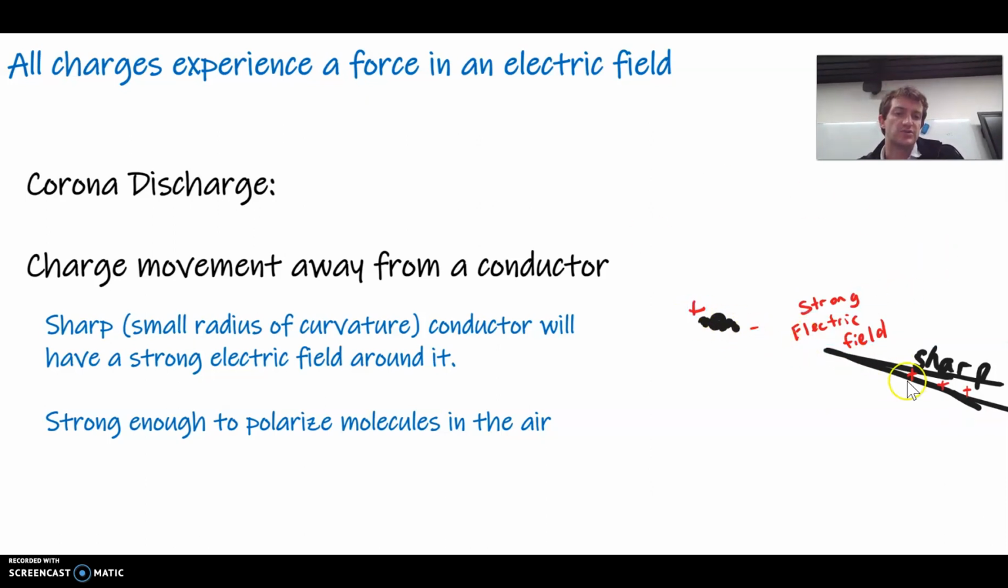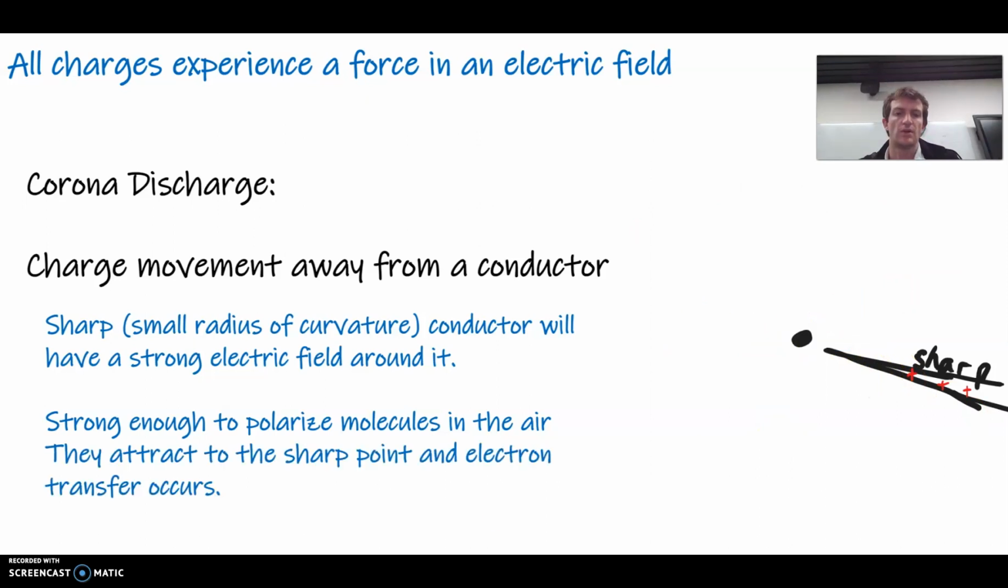And it will be attracted towards the sharp point. When they reach the sharp point, an electron transfer occurs between the molecule and the sharp point. Which way the electron transfers depends on what charge the sharp point was originally, but there's always an electron transfer, and this is going to ionize the particle and give it an overall charge.